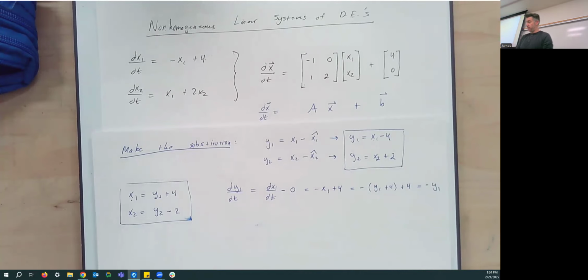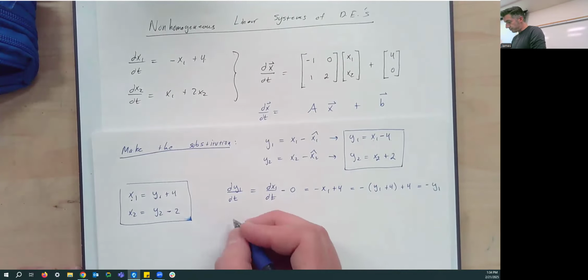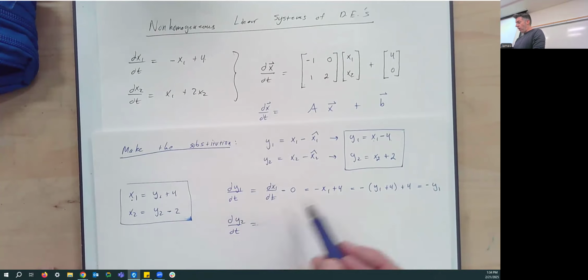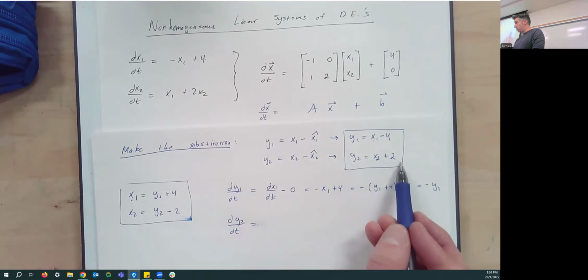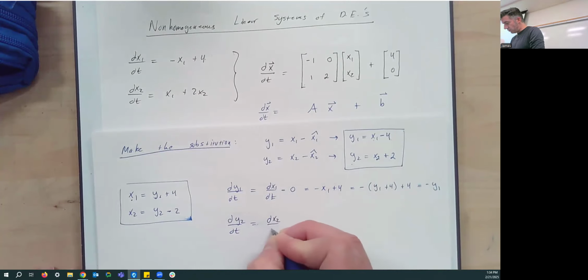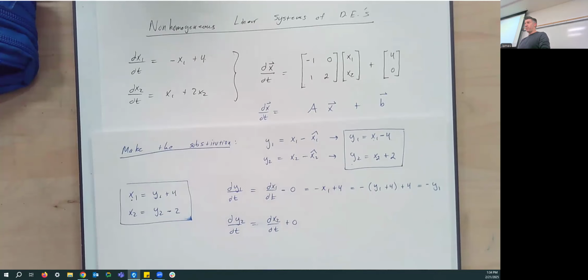Let's look at the second equation. For dy2/dt, same deal: y2 is equal to x2 plus 2, so the derivative of y2 is the derivative of x2 plus 0. The only way I can take the derivative of y2 is by thinking about what y2 is in terms of x.